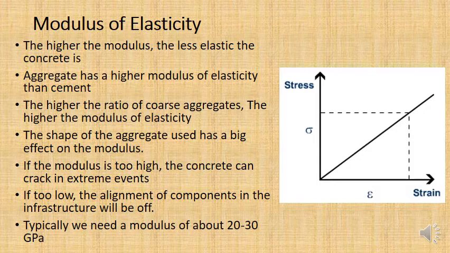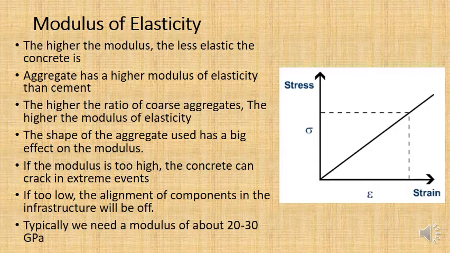So, finally, modulus of elasticity is a measure of stress over strain. Strain is unitless. It has no unit. It's a ratio. Stress, on the other hand, is a force. It's measured in megapascals. And normally with concrete, you're going to have a pressure of anywhere between 40 to 120 megapascals.